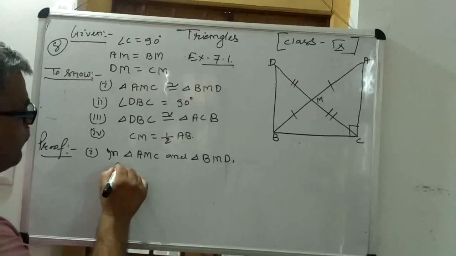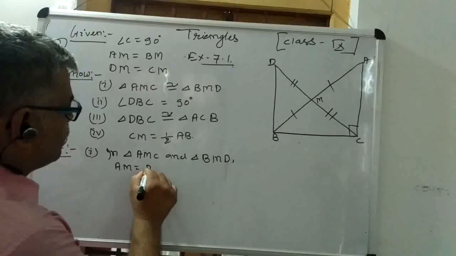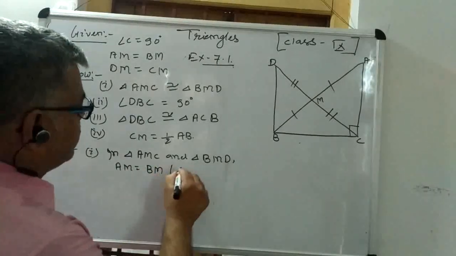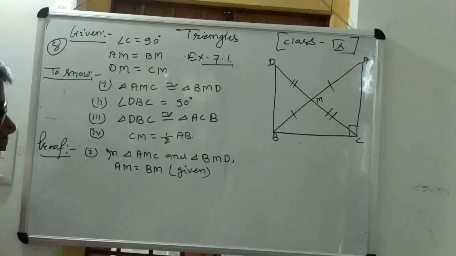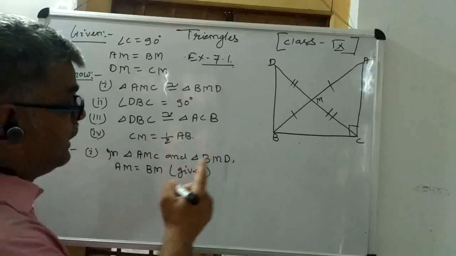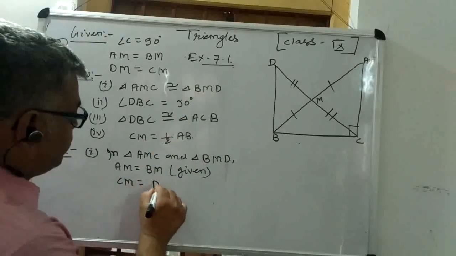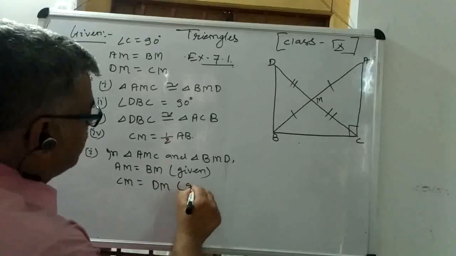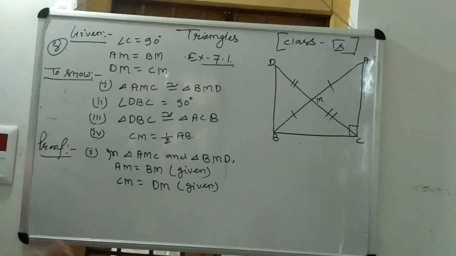AM equals BM, which is given, and CM equals DM, which is also given. Two conditions are clearly visible, that is given from the figure.